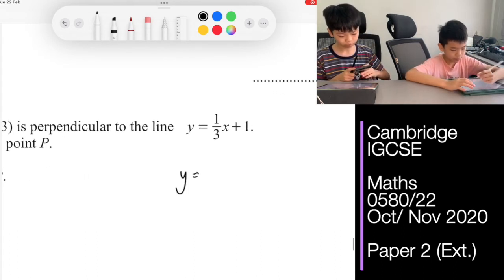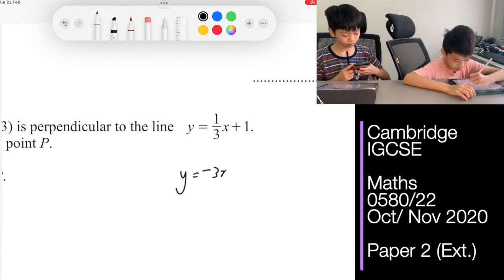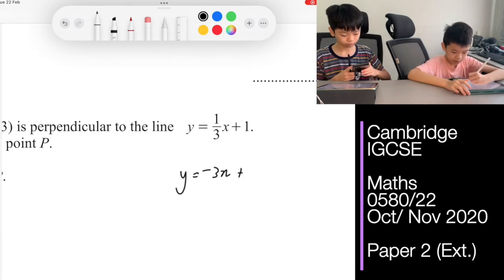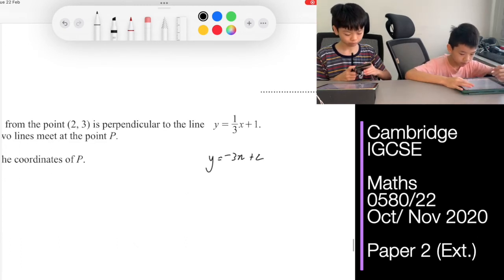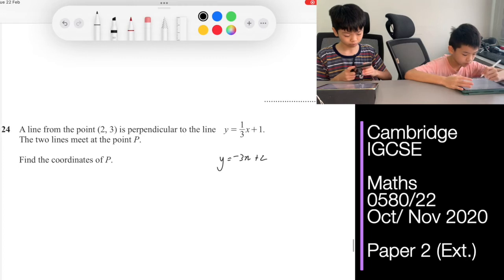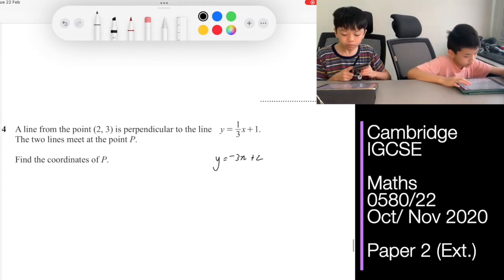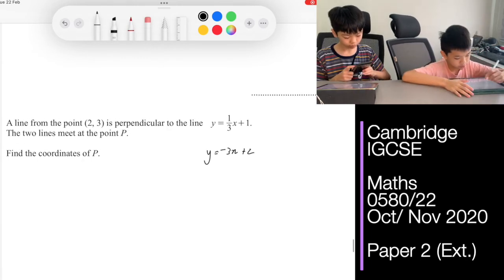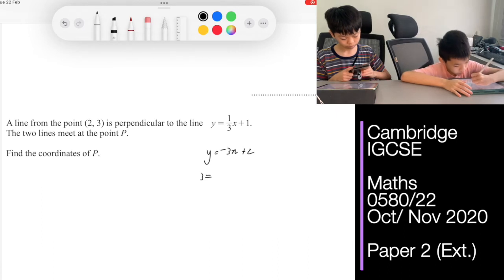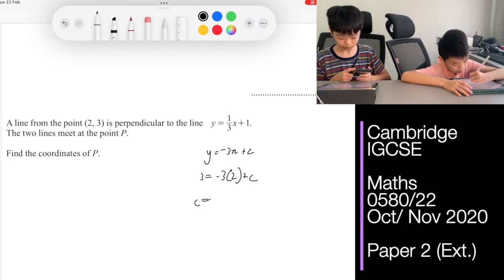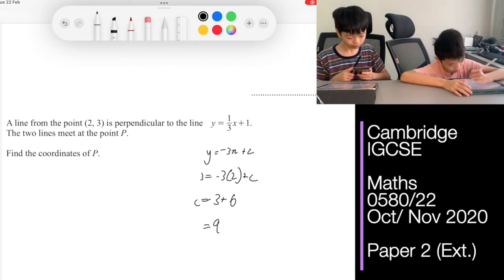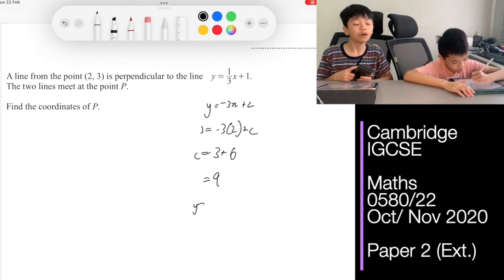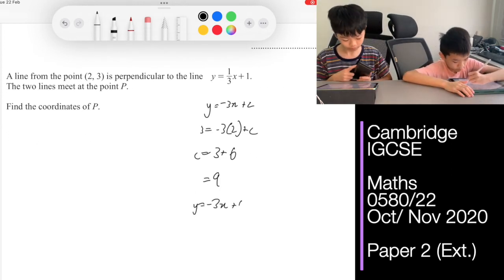Y equals negative 3x plus c, and they meet at 2, 3, so 3 equals negative 3 times 2 plus c. C equals 3 plus 6, which is 9. So y equals negative 3x plus 9.